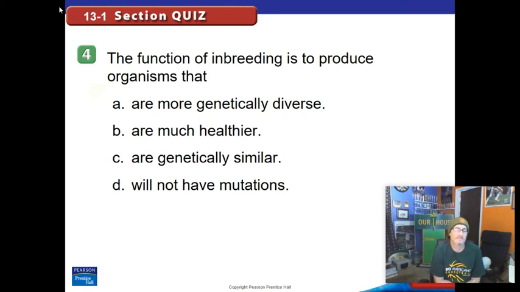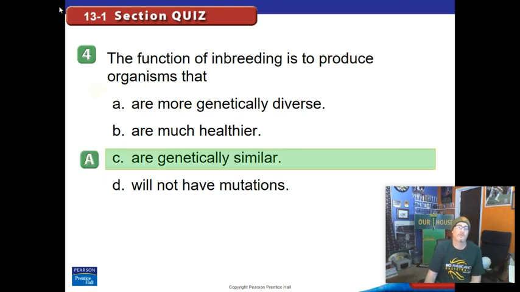The function of inbreeding is to produce organisms that... So inbreeding is kind of different than inducing mutations or hybridization or polyploidy. Inbreeding, you want to get organisms that are genetically similar.